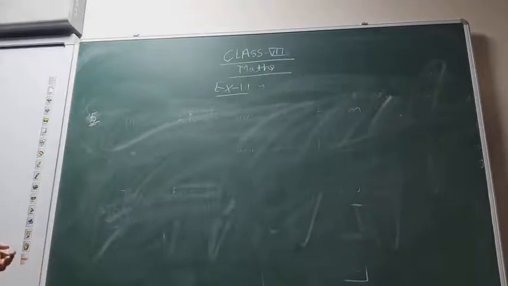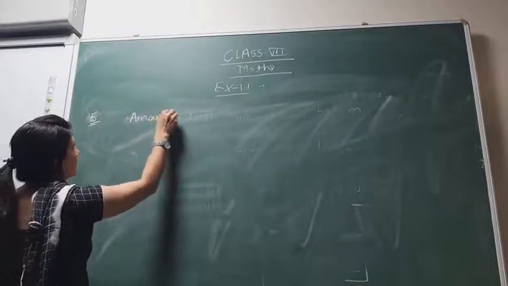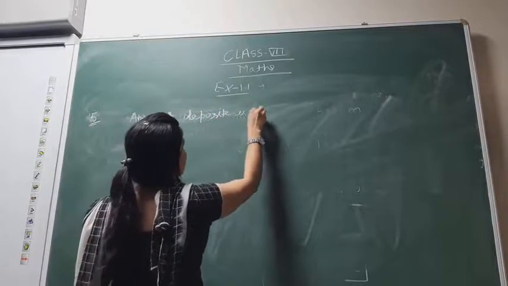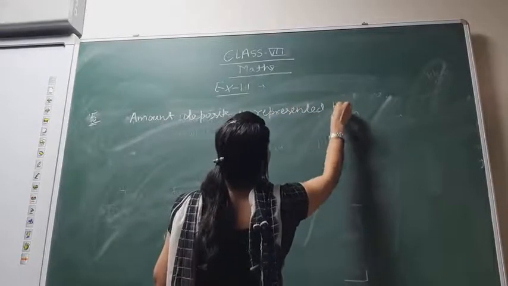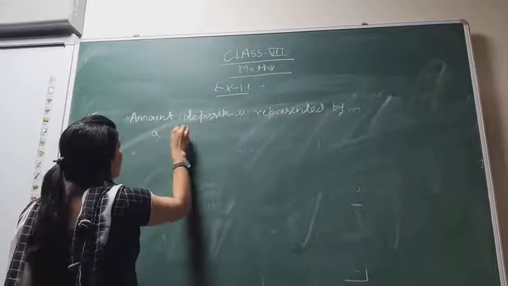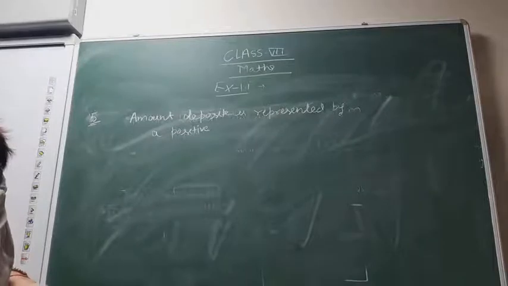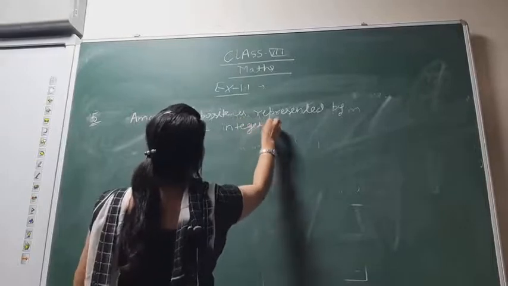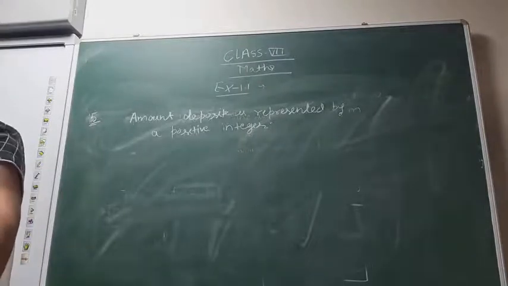So we will say that amount deposit is represented by a positive integer. And withdrawal, they have said, is represented by a negative sign. This is the answer of the first part.